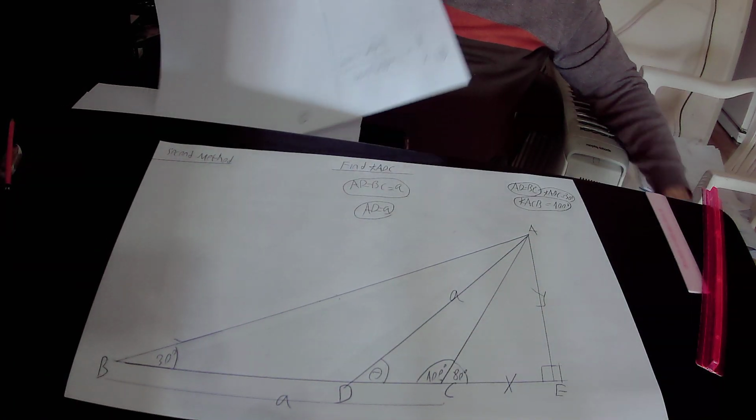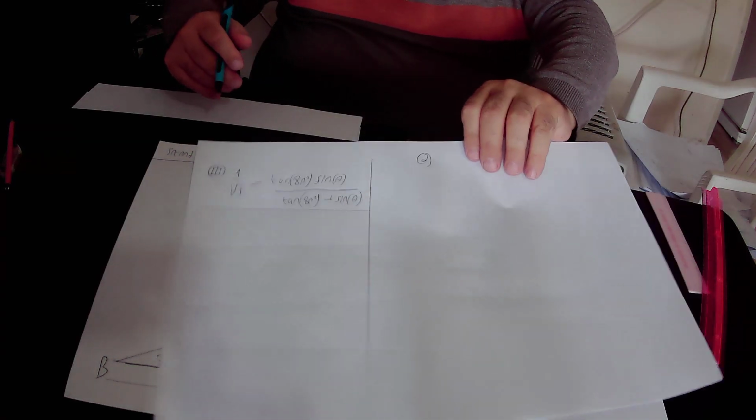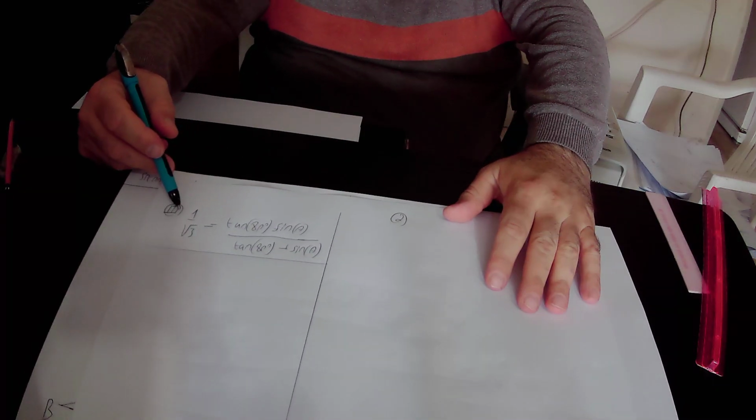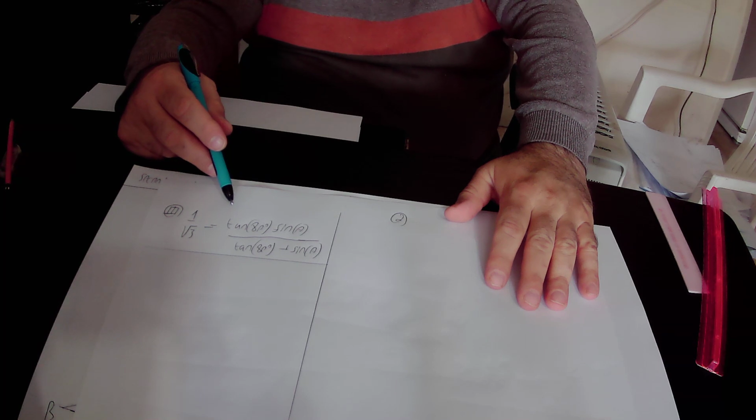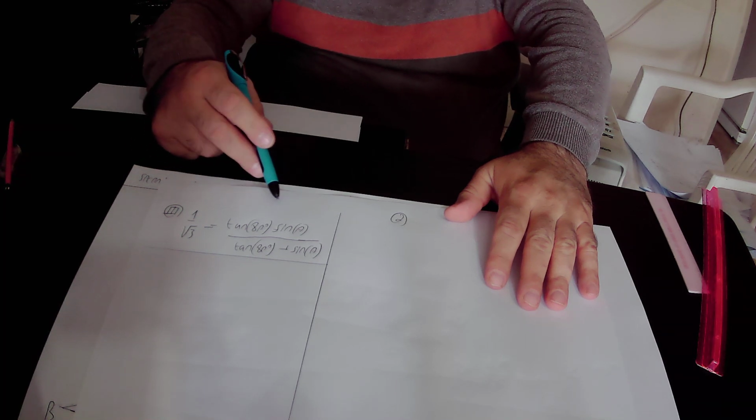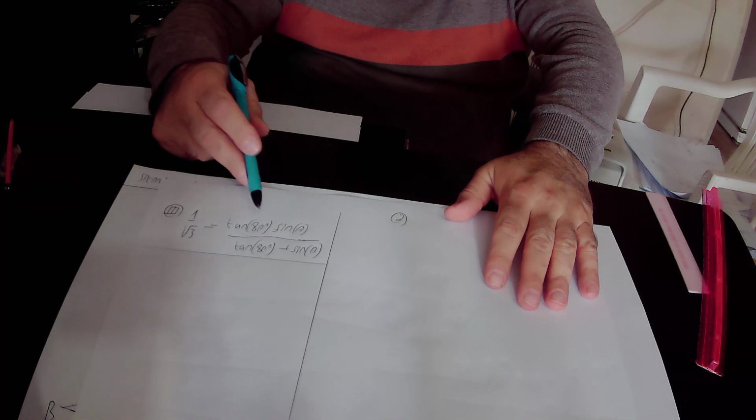I repeat again, according to equation number 3, we got that 1 over square root of 3 units equals tangent 80 degrees times sine theta over tangent 80 degrees plus sine theta.